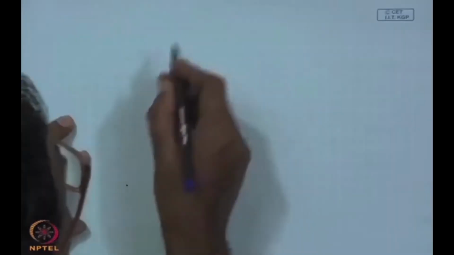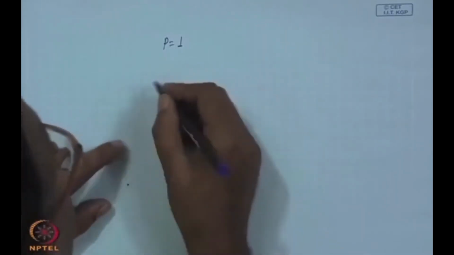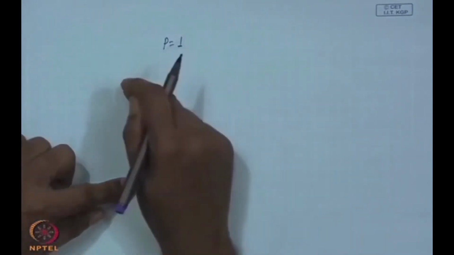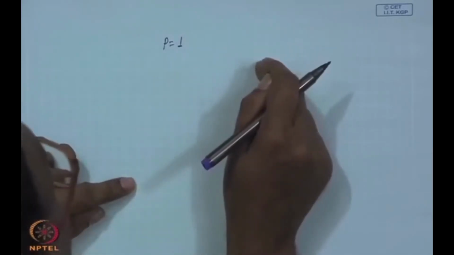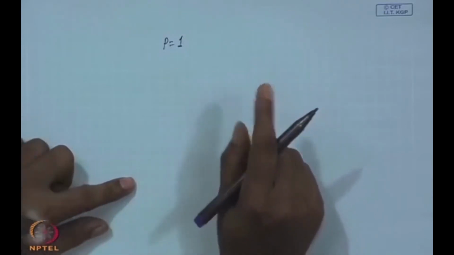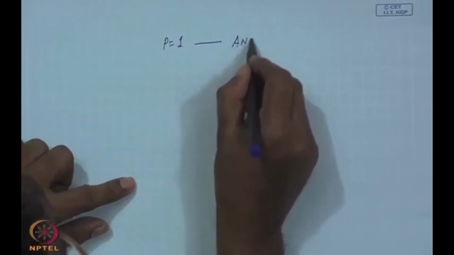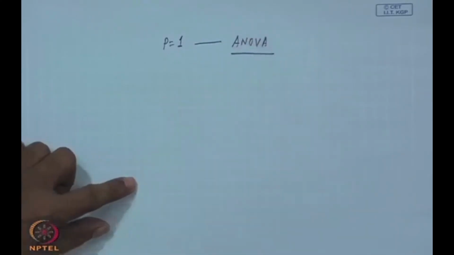In this case we will first consider the univariate issue, that means we are interested in the P equal to 1 case, and when we test equality of several population means for one response variable, the technique used is ANOVA, analysis of variance.